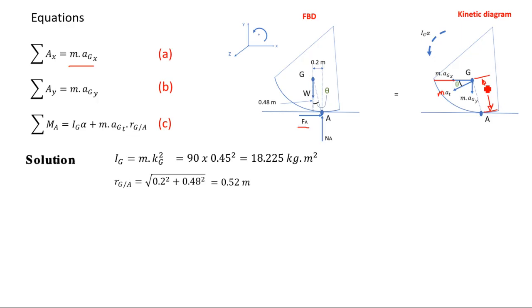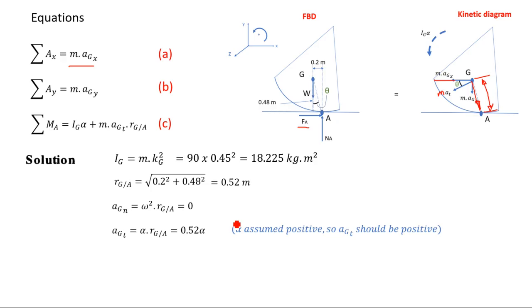Now we're going to go with the calculation of the accelerations. So the acceleration in the normal direction is going to be that direction here, a_Gn is going to be equal to omega square multiplied by r_GA. Because omega is 0, a_Gn is going to be equal to 0.